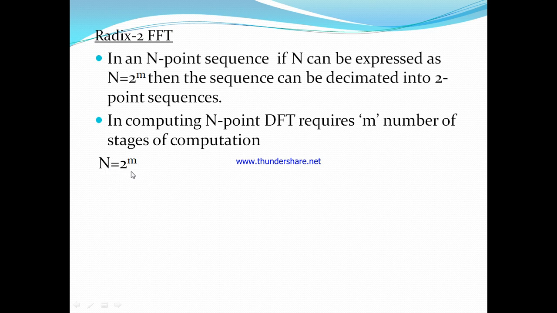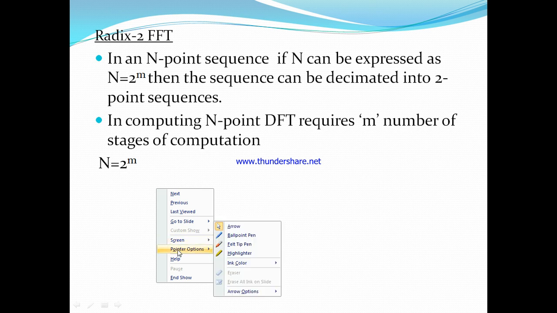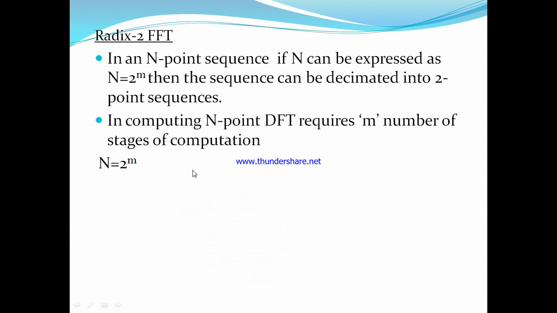For example, for an 8-point DFT, 8 equals 2 power 3, so we have 3 stages of computation. For a 4-point DFT, 4 equals 2 power 2, so we need 2 stages of computation.